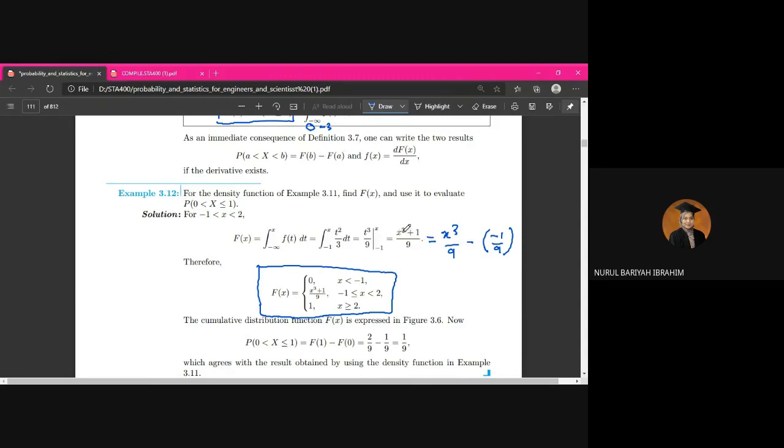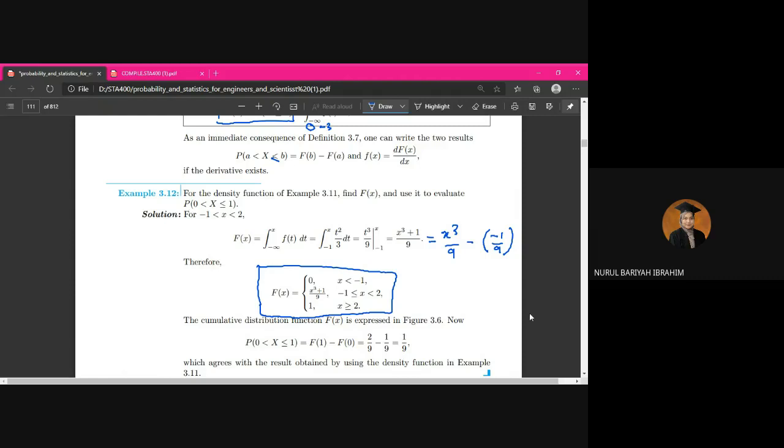So just gantikan dalam kat sini, dalam function ni. Okay, so let's say kalau soalan nak dapatkan probability of X from A to less than or equal to B, so sama juga, it will be FB minus FA because this is the continuous random variable.